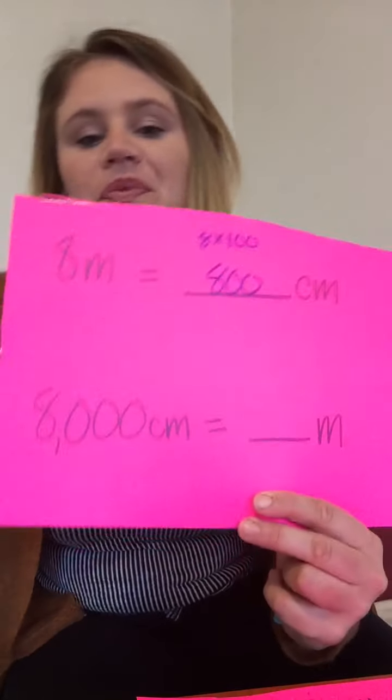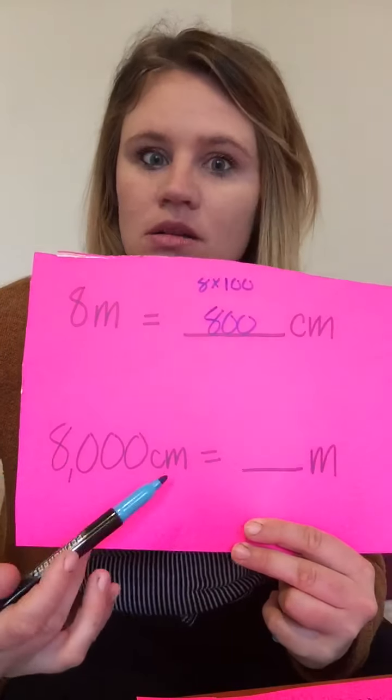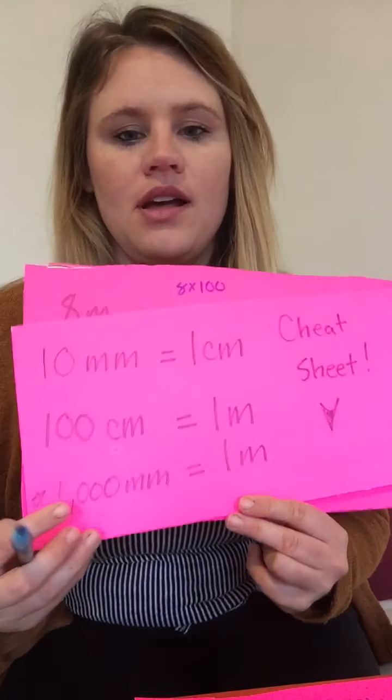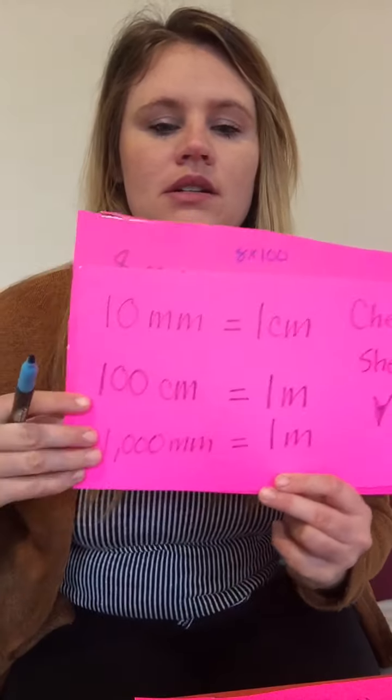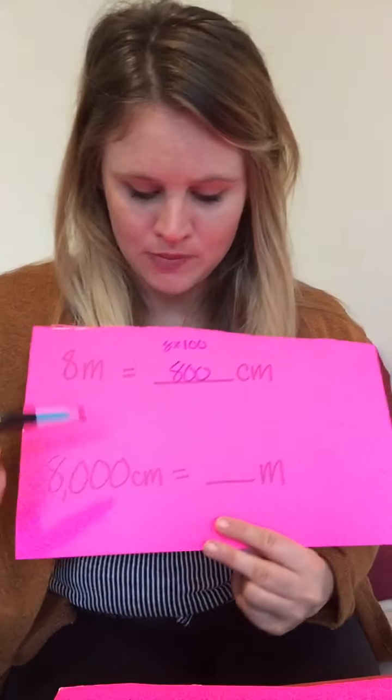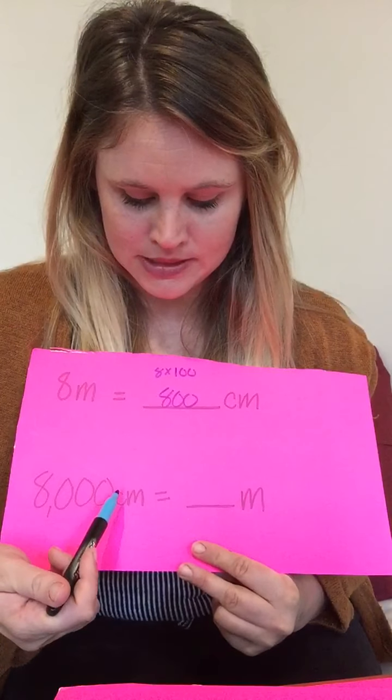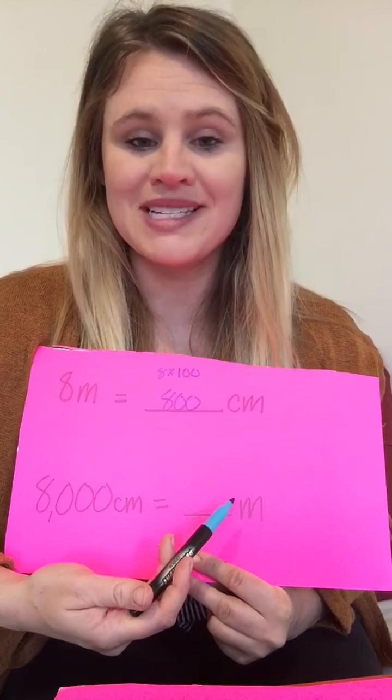So now, a little bit bigger here, I have 8,000 centimeters, and now I'm going to meters. So let's see again. I have centimeters to meters. Okay, I'm going from a smaller unit to a bigger unit. That means I need to divide. So a little bit harder now. I'm going to take 8,000 and I'm going to divide by 100. And remember, since we talked about the place value chart earlier on in the year, every time you move to the left, you multiply by 10.